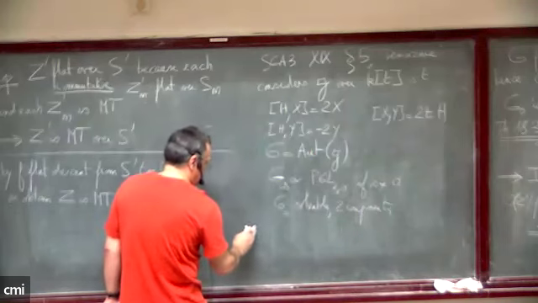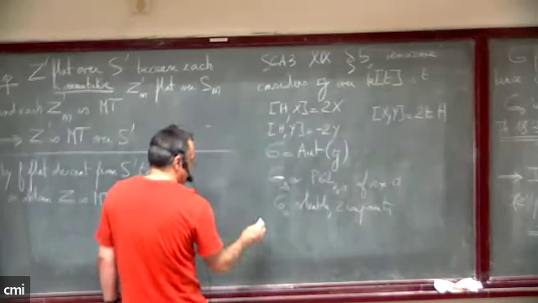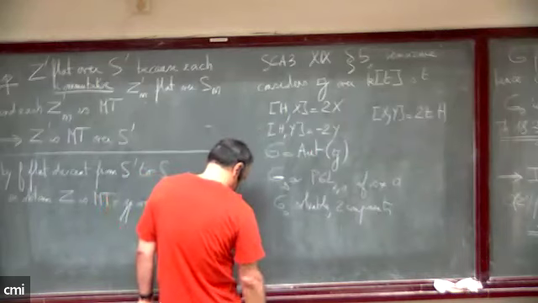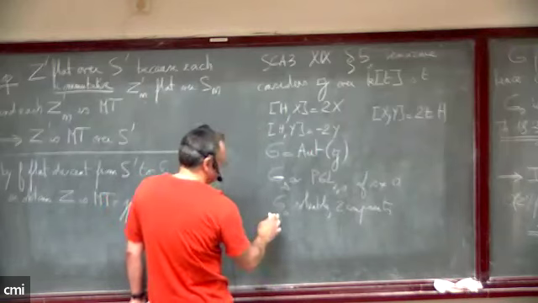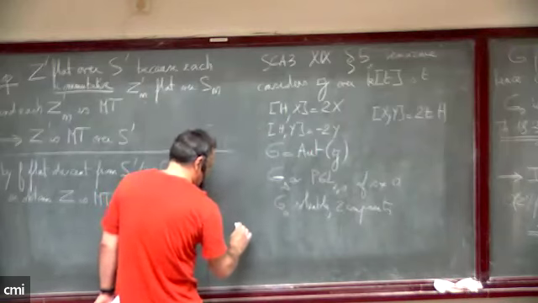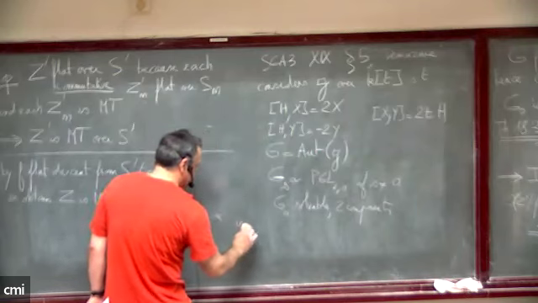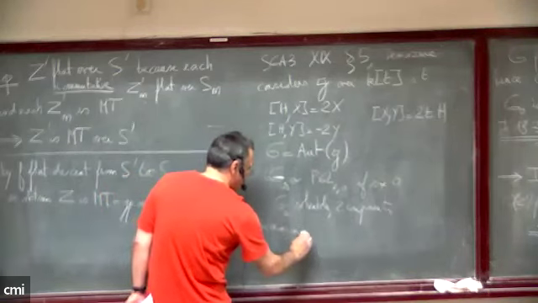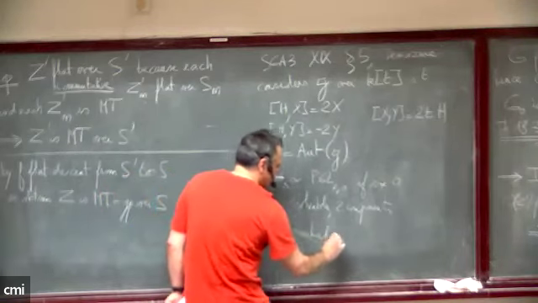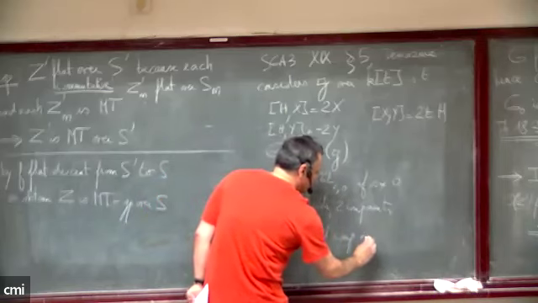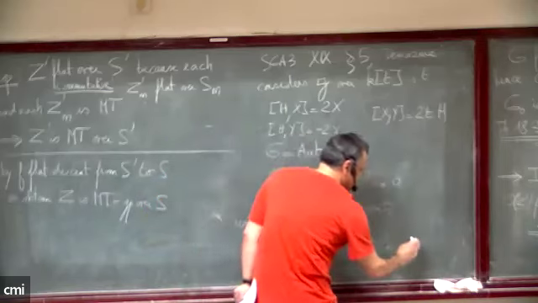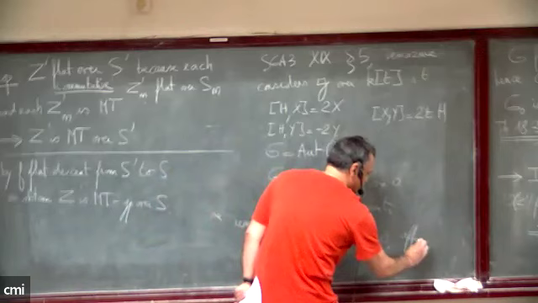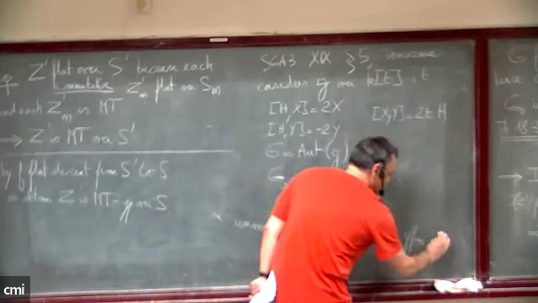And he shows that if one removes the non-neutral component over 0, one obtains something which is affine. So we have an affine group scheme.